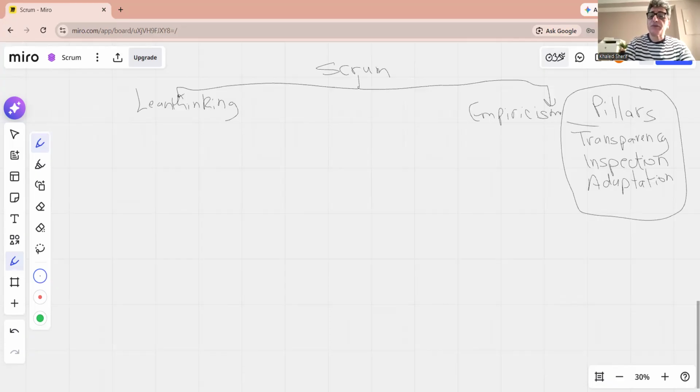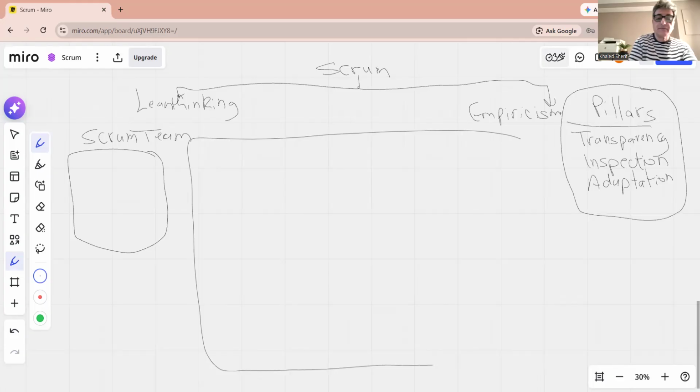Okay, so how does this work? It all starts with the Scrum team, which is a small team of professionals, 10 people or less, working together in a sprint. So what does the Scrum team look like and what do they actually do in a sprint?